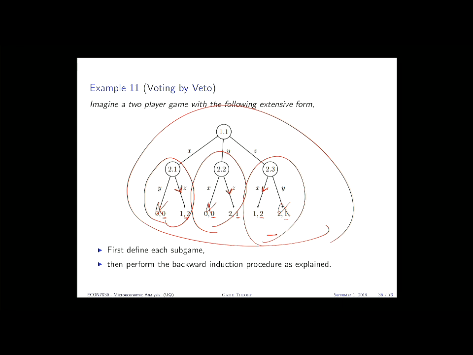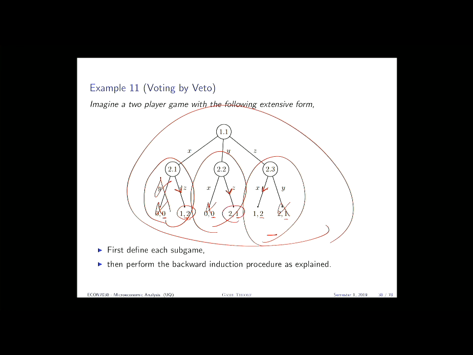Now, let's go to the whole game, or information set 1.1. Now it's player 1's turn to move. Player 1 knows if she plays X, she'll end up here, because this part of the game doesn't exist anymore. When I say doesn't exist, I mean for the moment, for this particular equilibrium analysis. When player 1 plays Y, she would end up here.